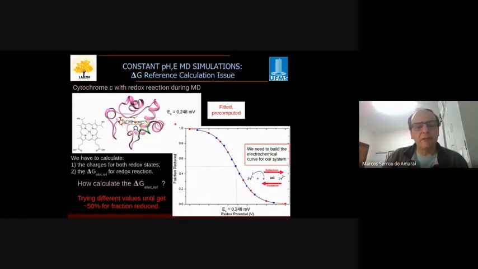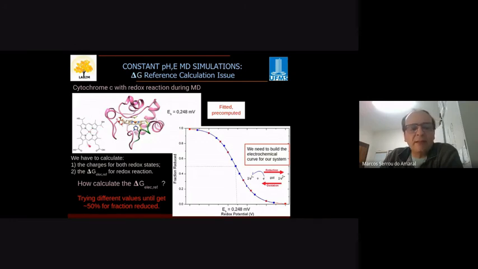But recently we are studying cytochrome C with an undergraduate student. In cytochrome C you have this structure here, the heme structure, and in the middle you have an iron atom.